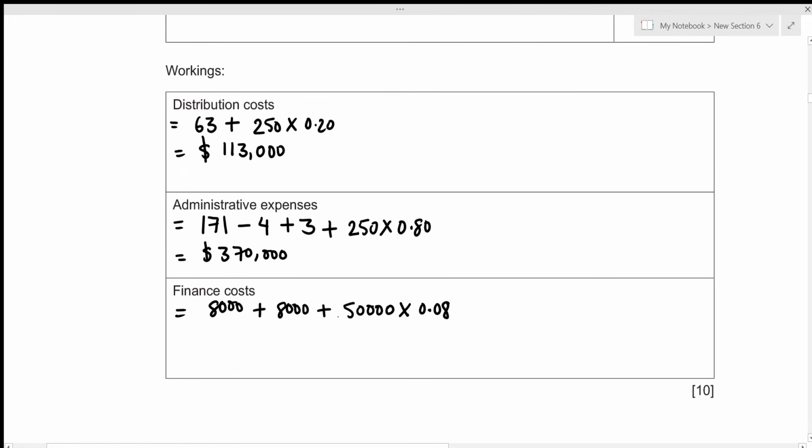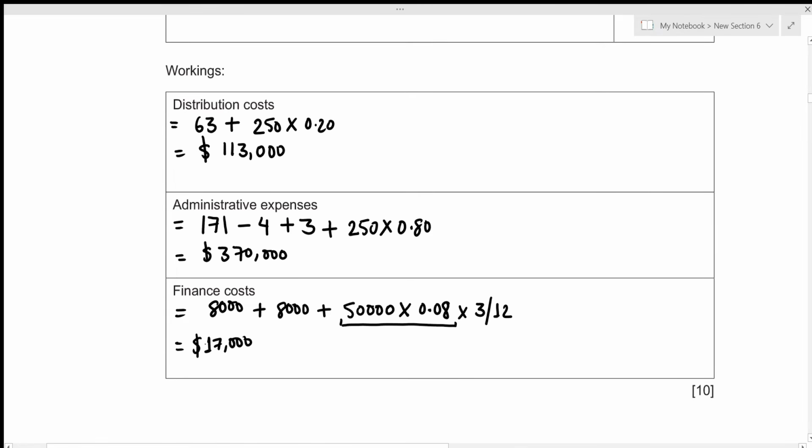Now this gives the debenture interest for an entire year, but since the debenture was issued on 1st October 2020, we only need to charge the interest for 3 months. So we can just multiply it with 3 by 12. This is a very simple unitary method. Now this gives the total finance cost to be 17,000.